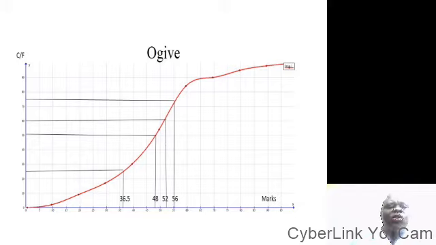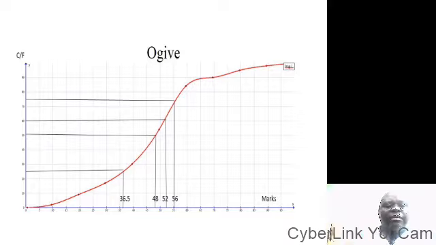Okay, now let's go to the upper quarter, the third quarter. Remember I told you the third quarter coincides with the 75th percentile. We are explaining like this because from 0 to 100 is percent.